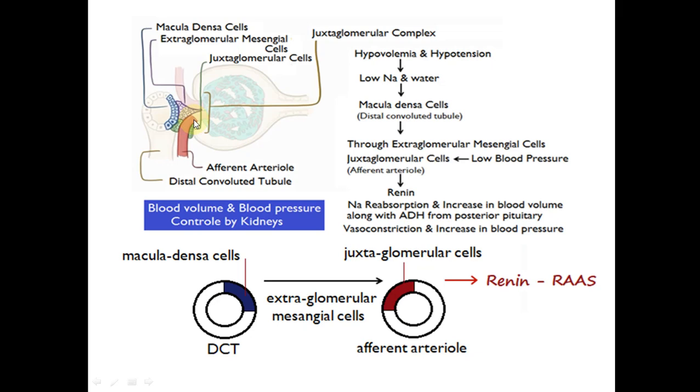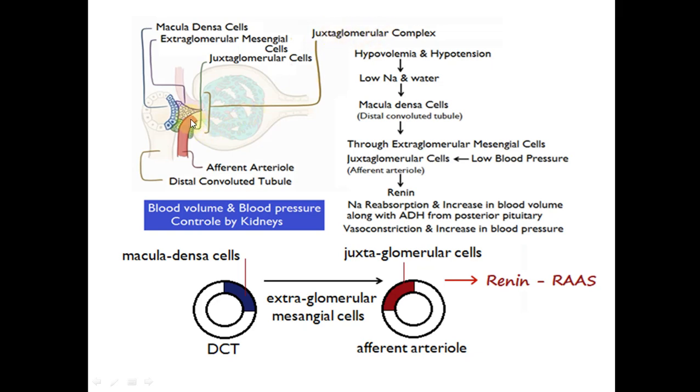The tubules, after passing through portions of the proximal convoluted tubules and loop of Henle, finally end in the distal convoluted tubules. So this is the distal convoluted tubule, and this is the afferent arteriole that carries blood to the glomerulus. In between these two structures, there is the structure of the juxtaglomerular complex.